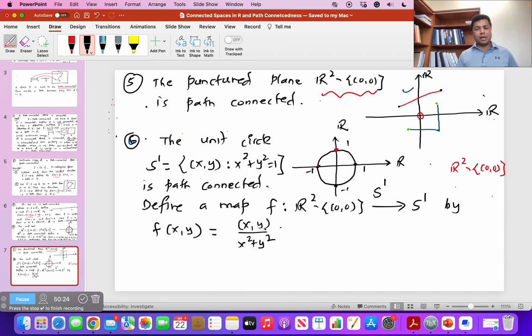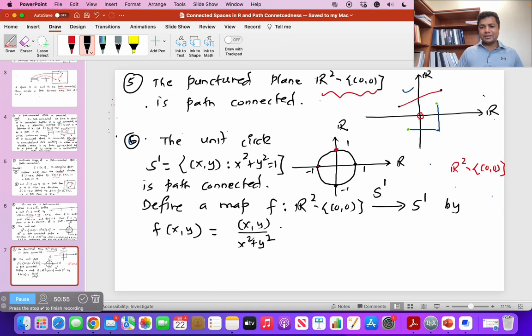It is kind of like a normalization of a number. If you want to normalize a number, you divide by its absolute value. For example, if you have a vector and you want to find the unit vector, you divide by its magnitude. So that is what we are doing here, dividing this point by its norm.